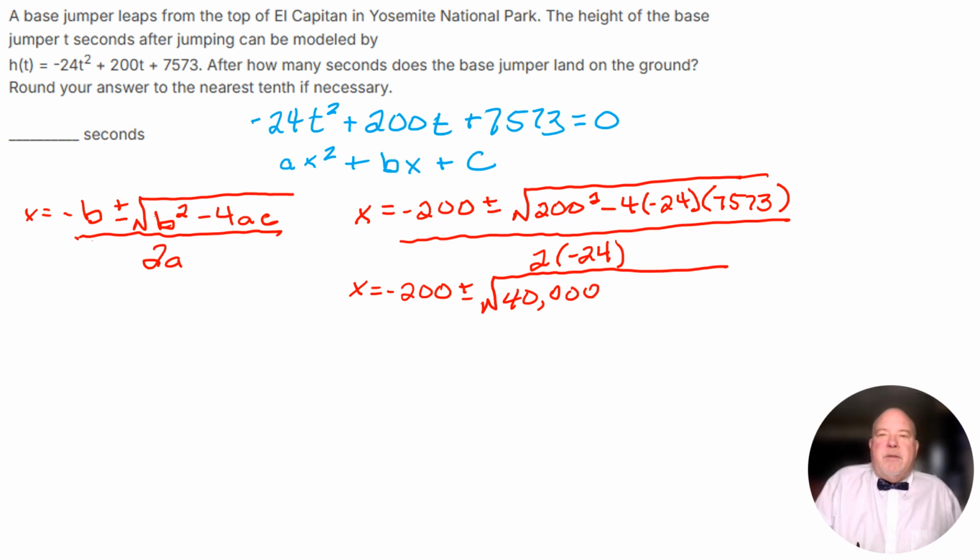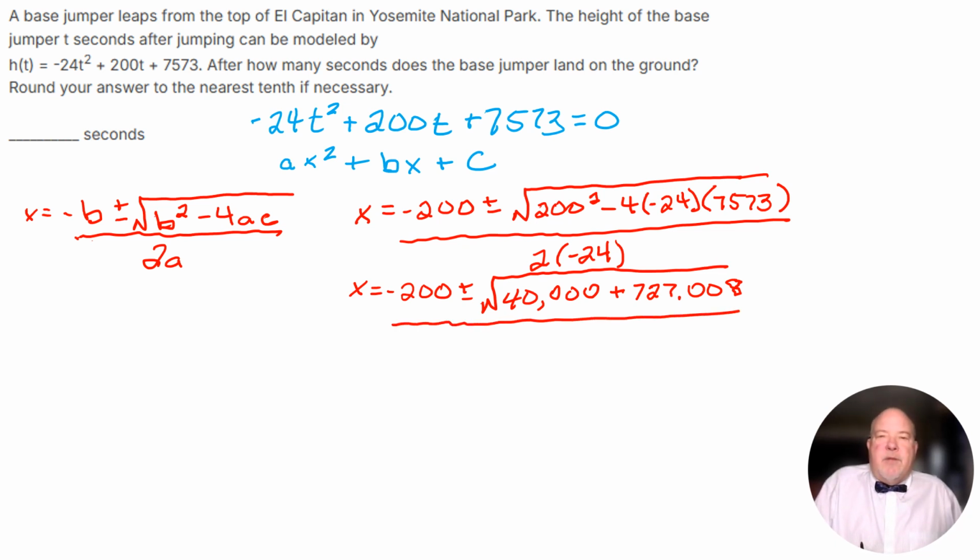And then I multiply those together. I have a minus and a negative, so this becomes plus, and that number is 727,008. Okay, and then I'm going to go ahead and multiply the two numbers together in the denominator.